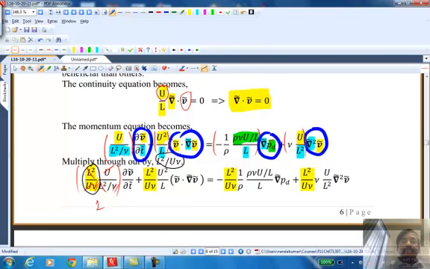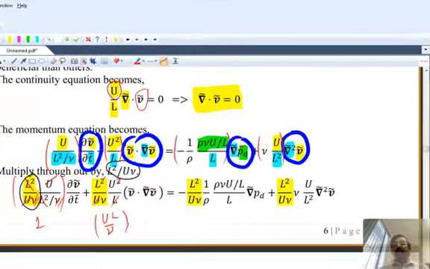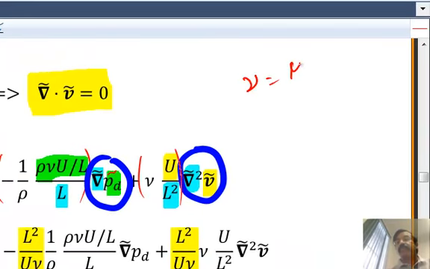And what happens to this one? One of the L will cancel out, one of the U will cancel out, so you will have UL over nu. What is that? It's a dimensionless number, right? All of them should be dimensionless, but that will be the Reynolds number. Remember, nu is the same as mu over rho.